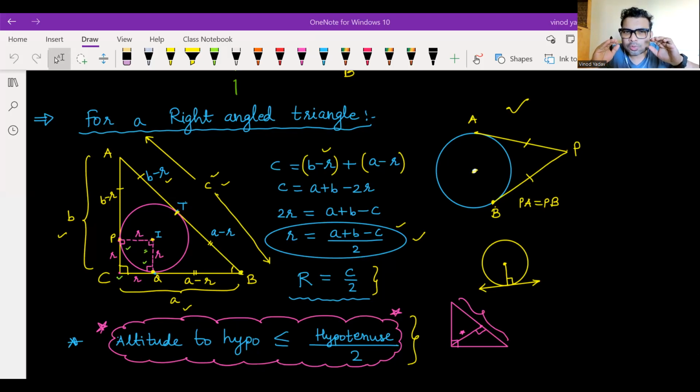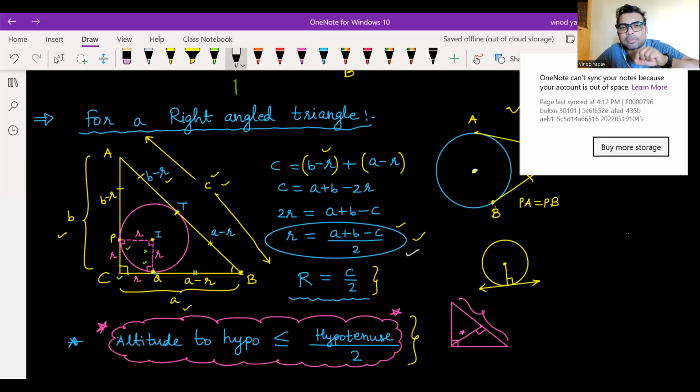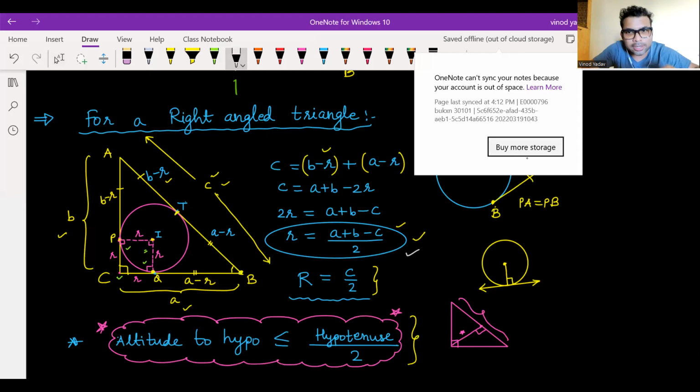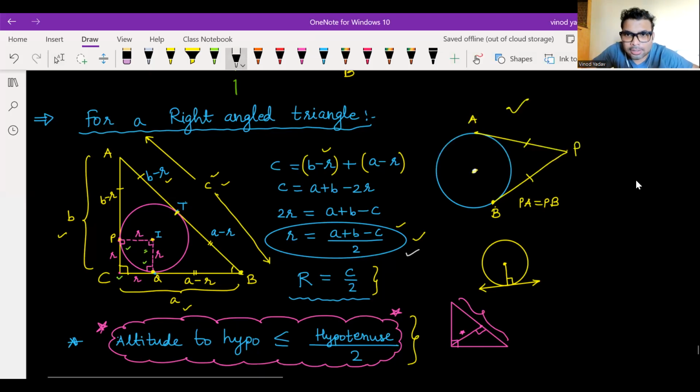Okay. So mainly for a right angle triangle, three more things which you should know. If the perpendicular sides are A and B and the hypotenuse is C, which you can see here, how to find inradius? This is the way you find inradius. Small r means inradius: A plus B minus C divided by 2. So sum of the perpendicular sides minus the hypotenuse, divided by 2.